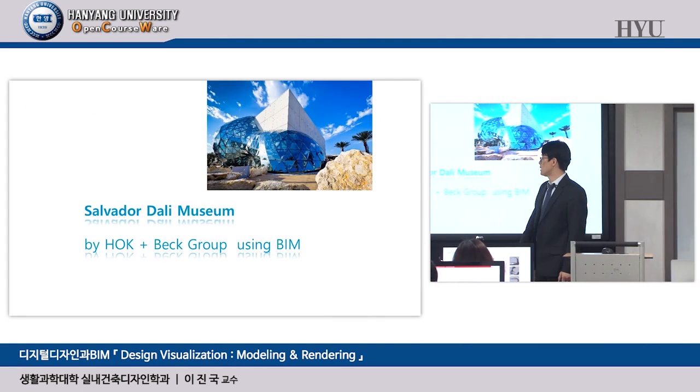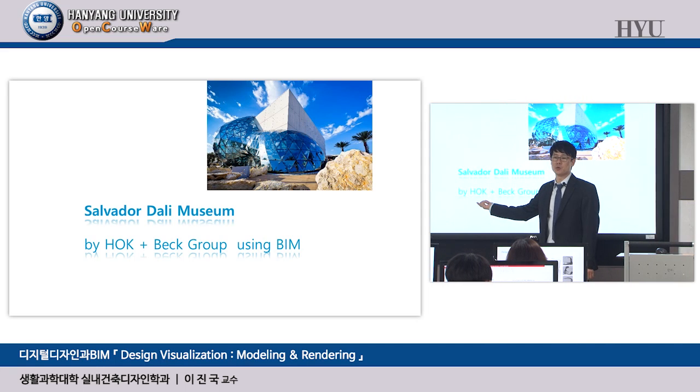Actually, HOK, one of the famous design firms, made a company strategy around 10 years ago. They must use Revit instead of SketchUp, 3ds Max, Rhino, or any other geometric tools. It was a mandatory tool, even in the initial phase of design. Always Revit. Nowadays they use some other tools as well, but at the end they have to use Revit.